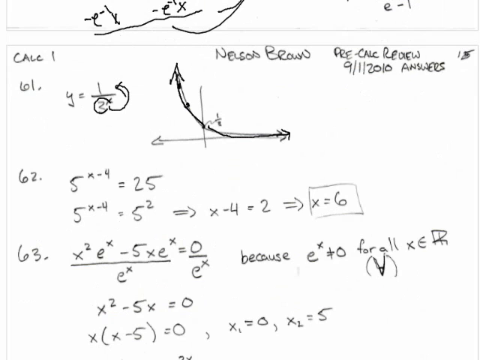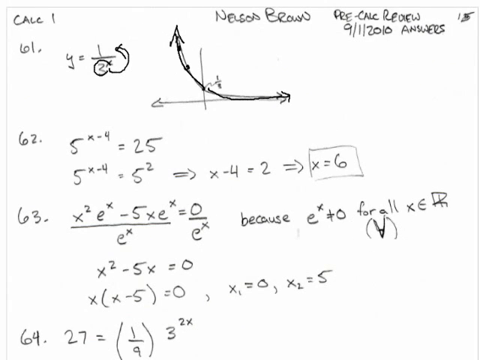All right, number 62, you could take logs of both sides and bring down the power, but an easier way to see this is that 25 is equal to 5 squared. The only way that you could have a base to a power be equal to another base to another power is if the powers themselves are equal.